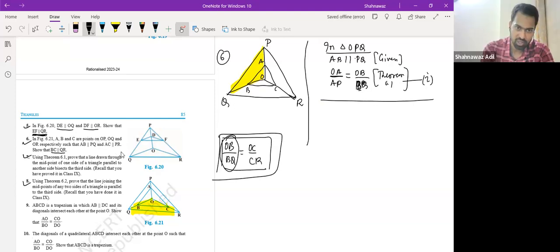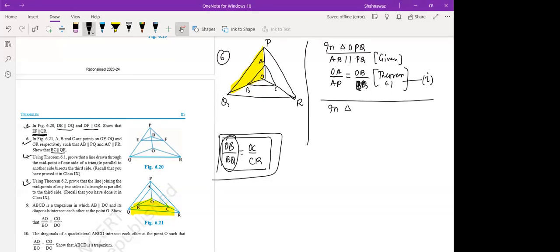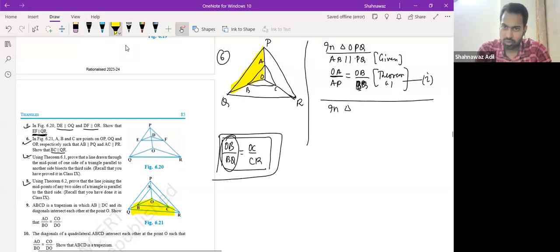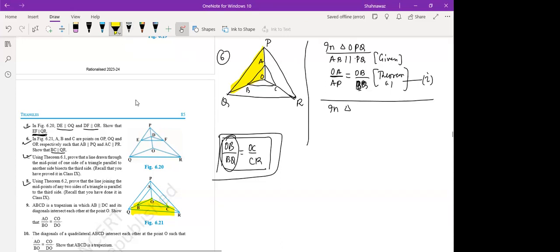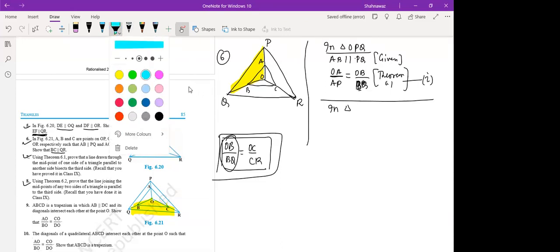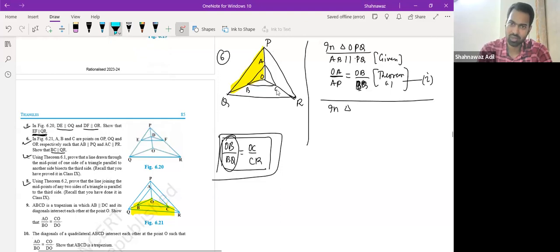AC parallel to PR. So AC parallel to PR, which triangle? Triangle OPR. POR is the same as OPR, right?